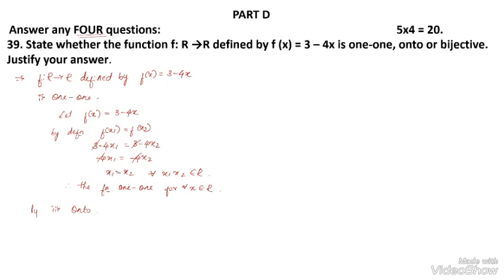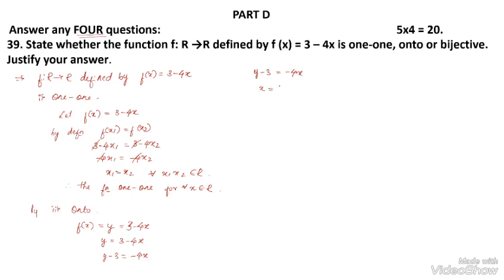Here f of x is equal to y. Now I can take f of x equal to y, that is y is equal to 3 minus 4x. Taking 3 to the left side, it becomes y minus 3 equals minus 4x. So I can take the value of x.